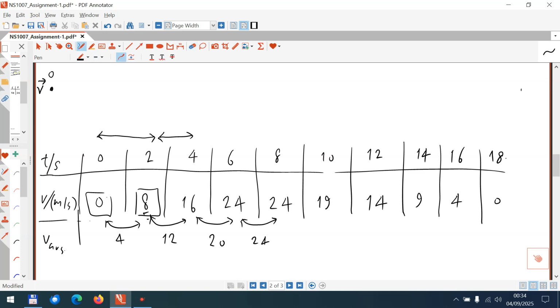Let's compute the average for the next interval, from 8 to 10. So it is the average of 24 and 19. A quick and dirty estimate will be to replace this 19 with 20, and 20 plus 24 is 44. 44 divided by 2 is 22, but because this is 19 and not 20, we can replace this with 21.5.